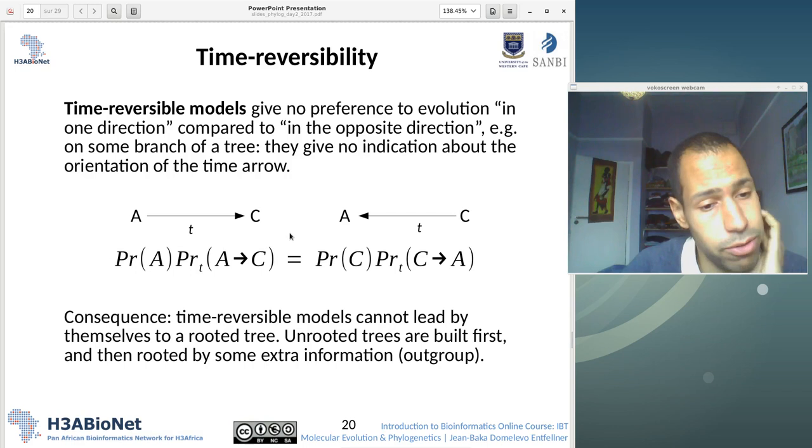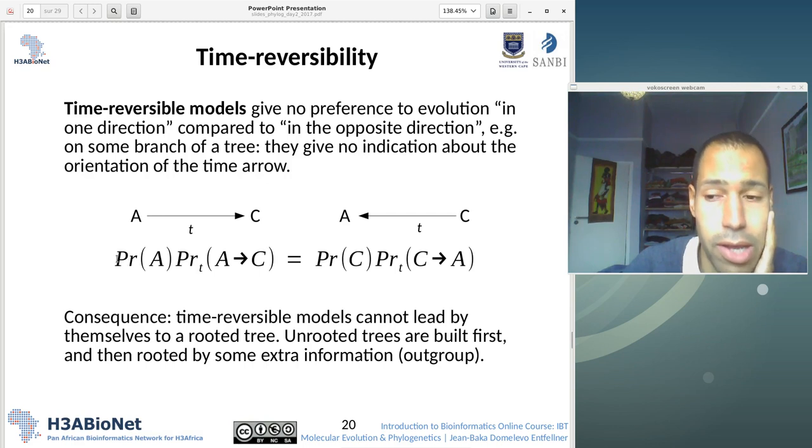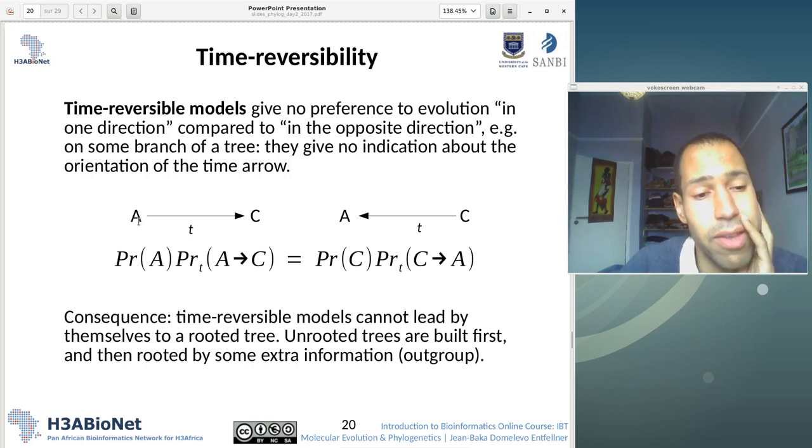The whole probability of this tree is to have A at the beginning. So this is the a priori probability, probability to have A at the beginning of the branch, and then the probability that this A evolved into a C over a time t, or a branch length t.